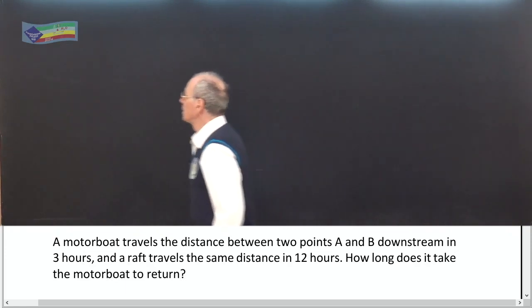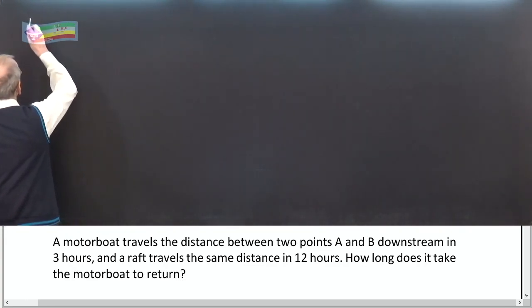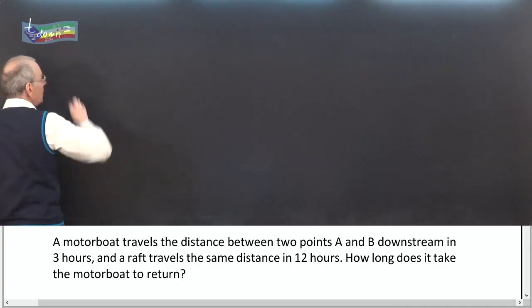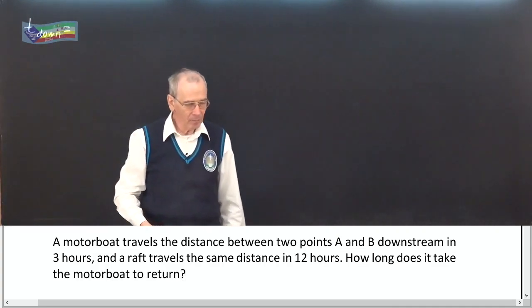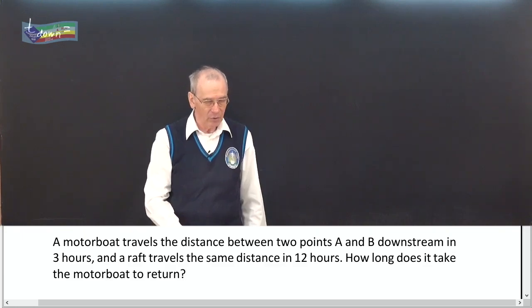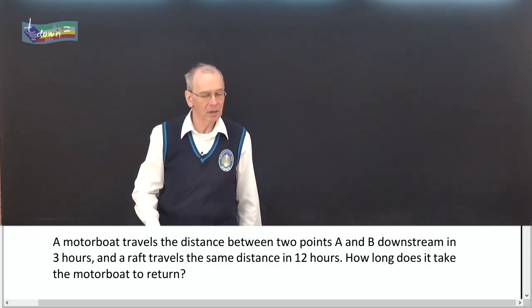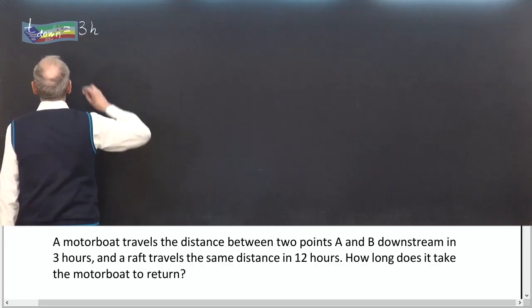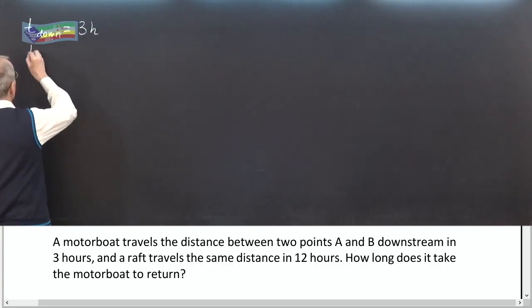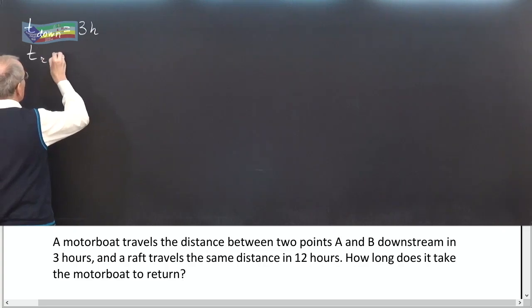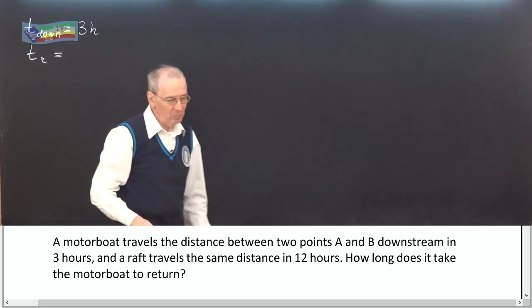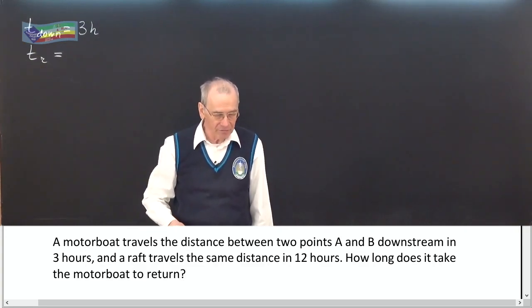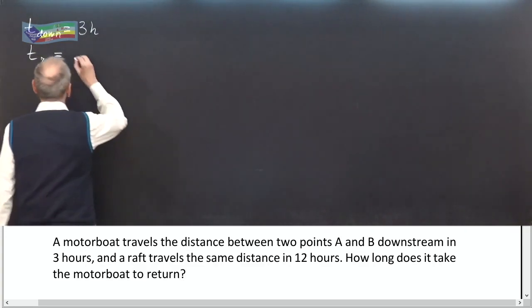So, let T down is the time of travel the motorboat downstream. It equals 3 hours. And TR is time to travel the same distance for the raft, 12 hours.